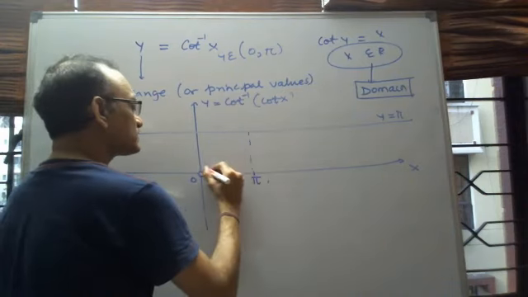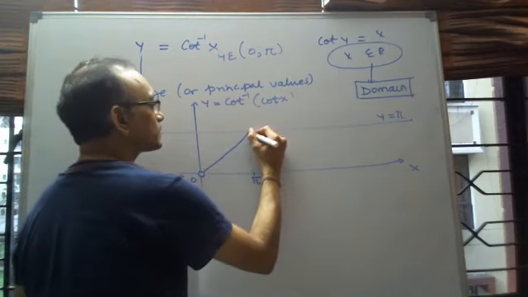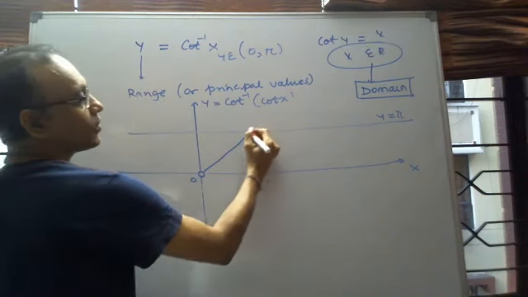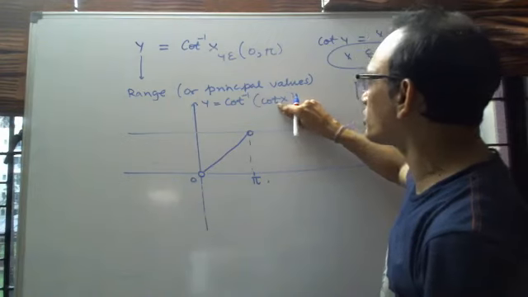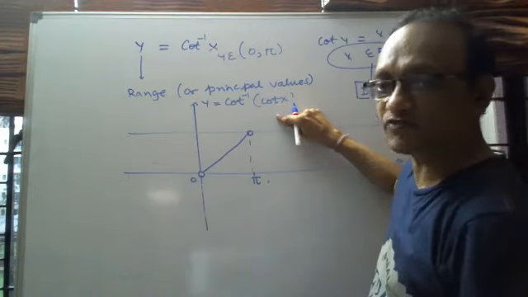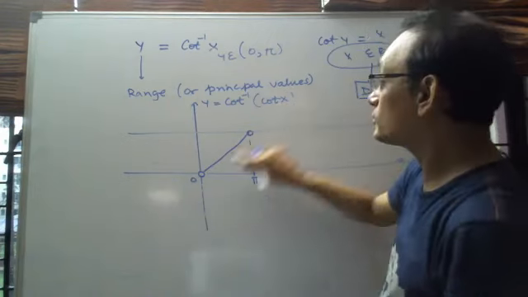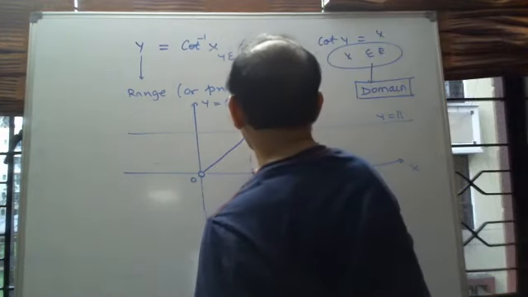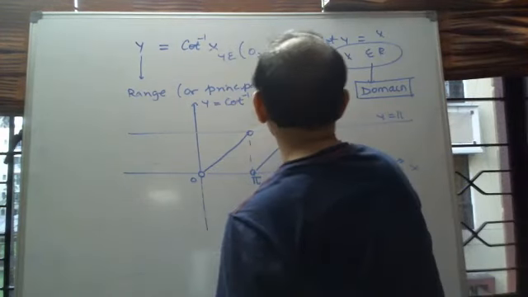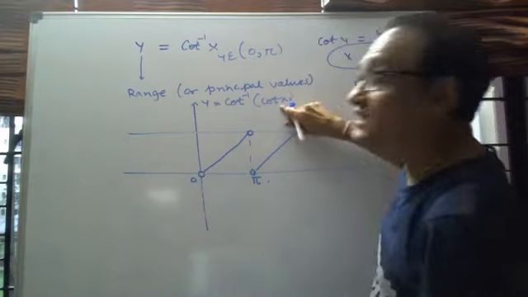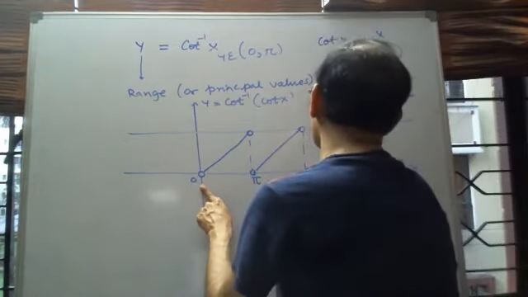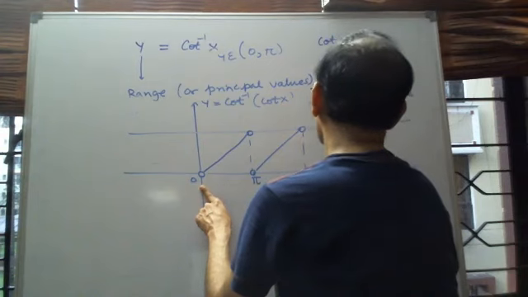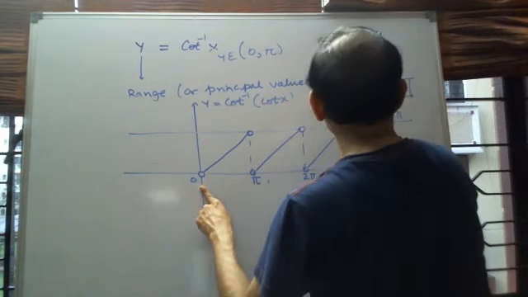But at x equal to pi it becomes undefined again, because cos pi by sin pi is undefined, as sin pi is 0. This will keep going because pi is the time period. The periodicity of cot x is pi; as it is from 0 to pi, it will be the same from pi to 2 pi, and from 2 pi to 3 pi.